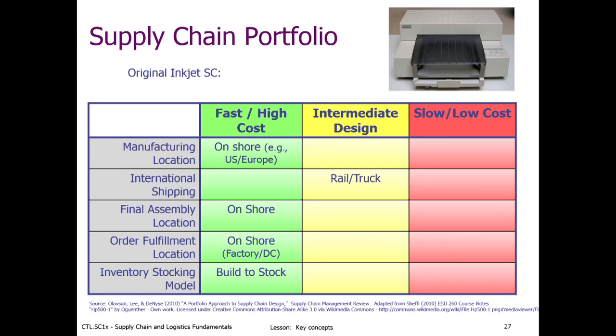In the early 1990s, late 1980s, the original inkjet followed this type of supply chain. They were manufacturing in the market onshore. They would rail and truck it, right, product, and they would assemble it onshore. They'd fulfill from onshore, and they were building to stock. So if you were in Europe, right, they were building ones with French, German, and Spanish writing and conditions in each.